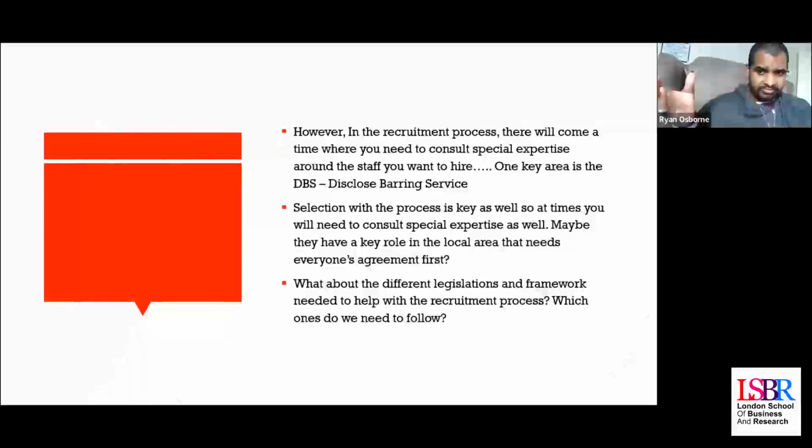So let's look at the Equality Act, for example. Are you giving people equal opportunities to apply for your job? Is there an opportunity for everybody to be able to apply for your job? Or are you segregating certain parts of the industry?